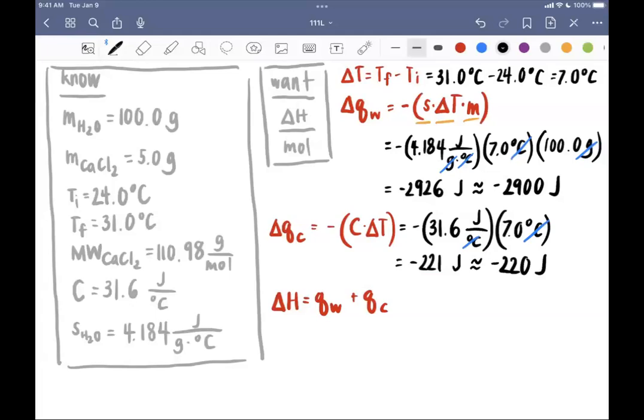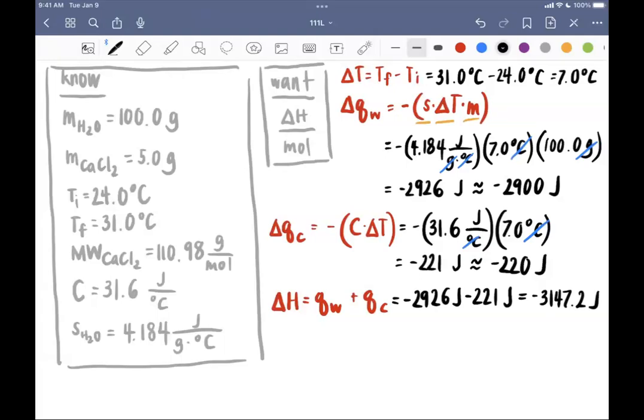And so this is going to be equal to negative 2,926 joules plus our negative, or minus, 221 joules. And so this is going to be equal to negative 3,147.2 joules for delta H, or the change in enthalpy.